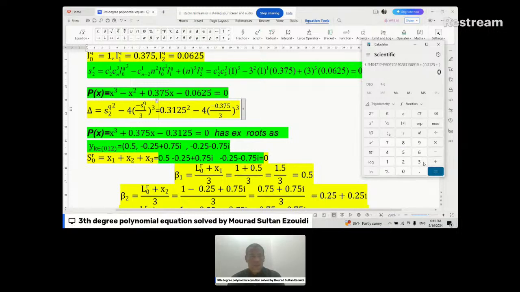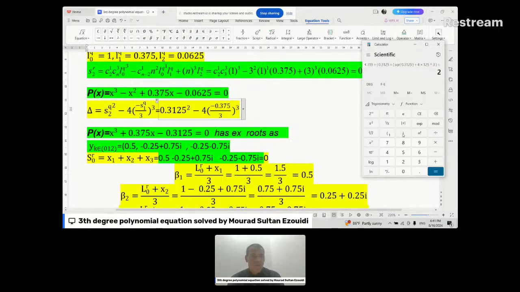It will be 0.3125 squared plus 4 times 0.125 raised to the power 3, and then this one has to be divided by 2.